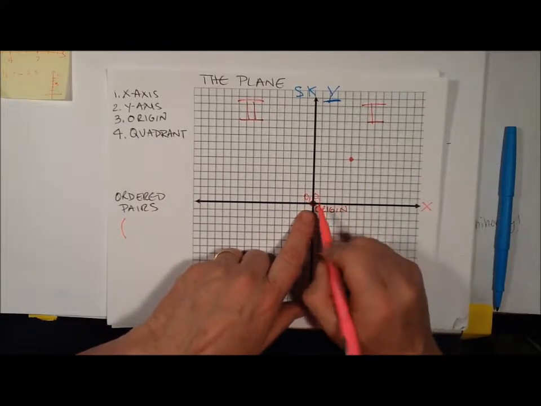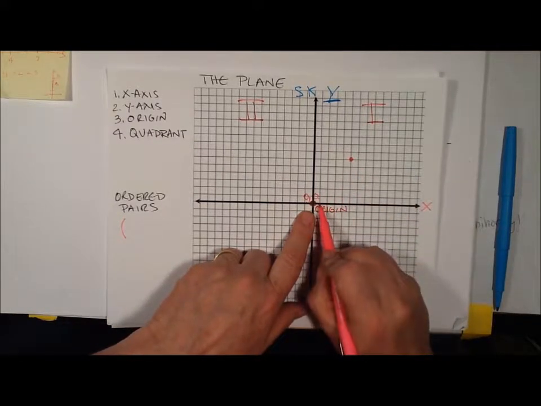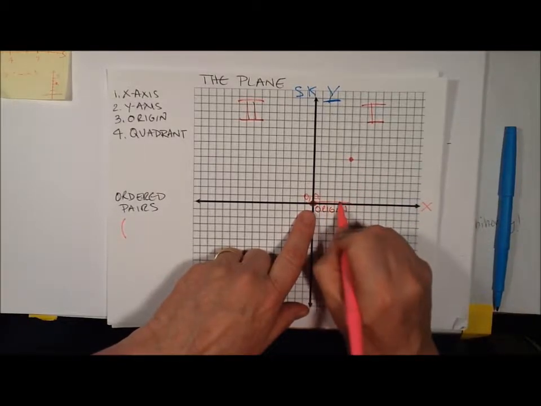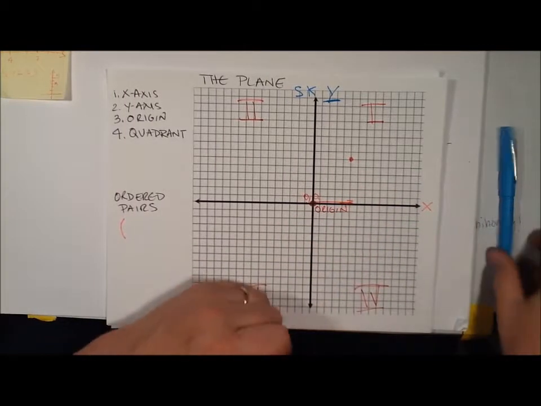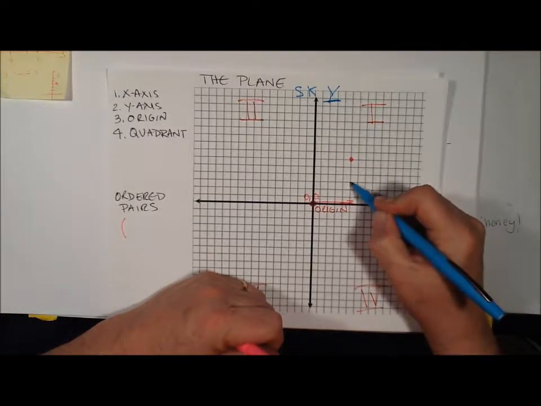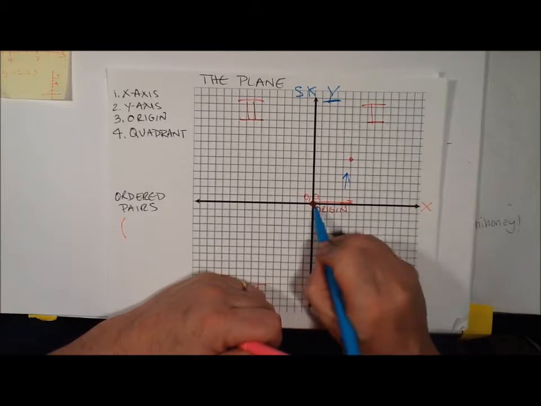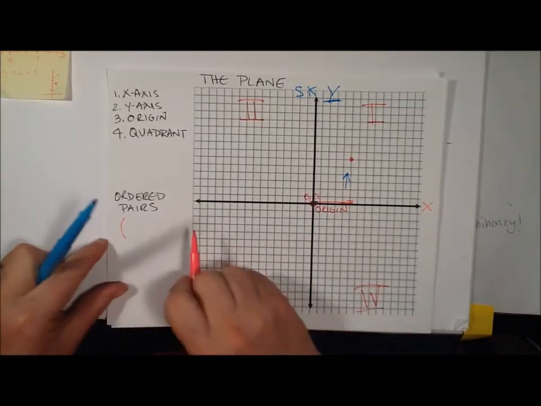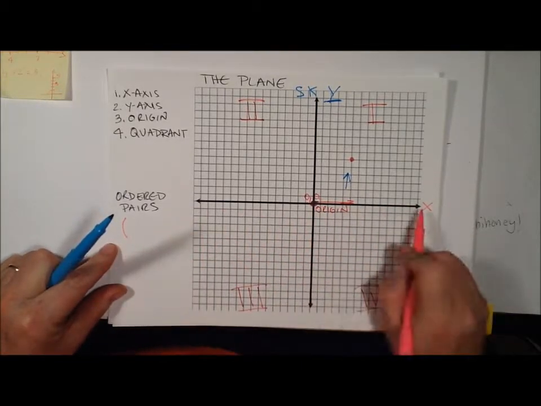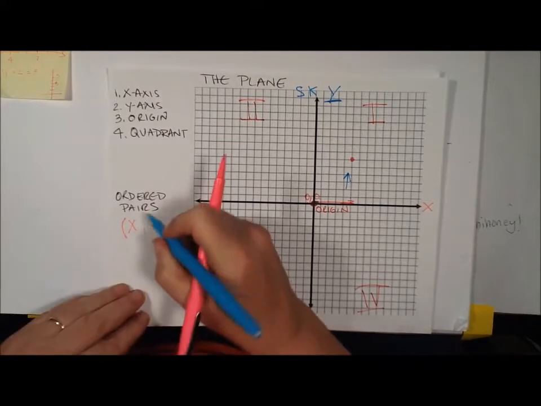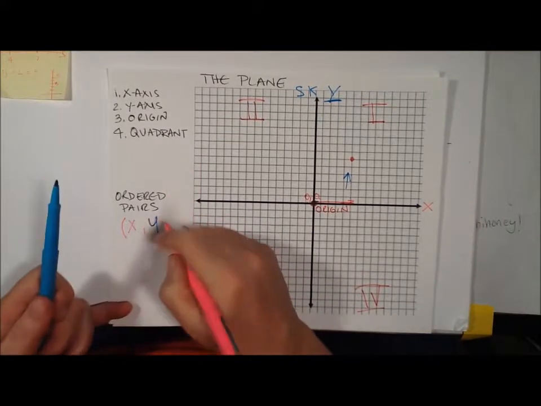So here I have a spot that's 1, 2, 3, 4, 5 over, and 1, 2, 3, 4, 5, 6 up. So first I'm going to do the x value, because the ordered pair looks like this, x and y.